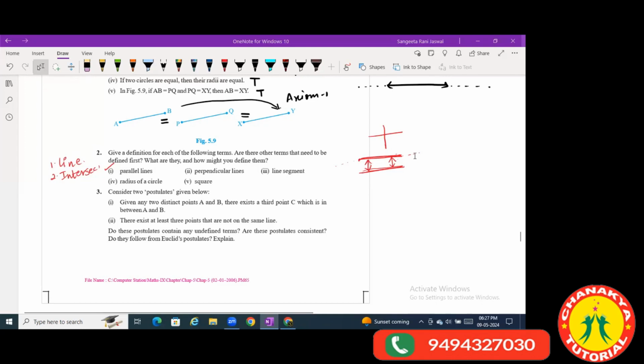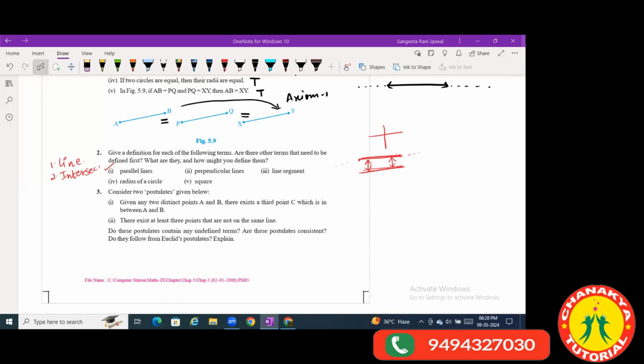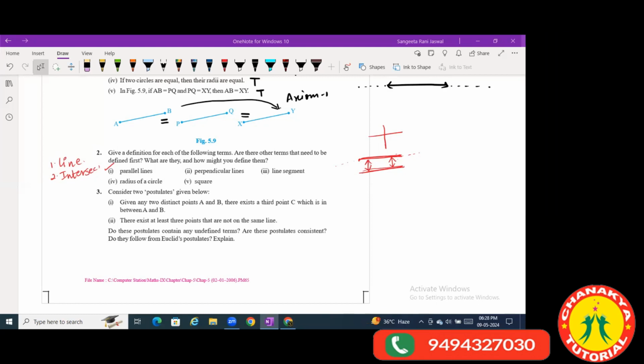Throughout means all along their path; wherever they are, the distance will be equal.